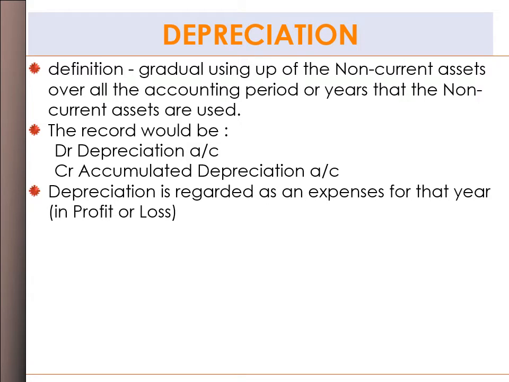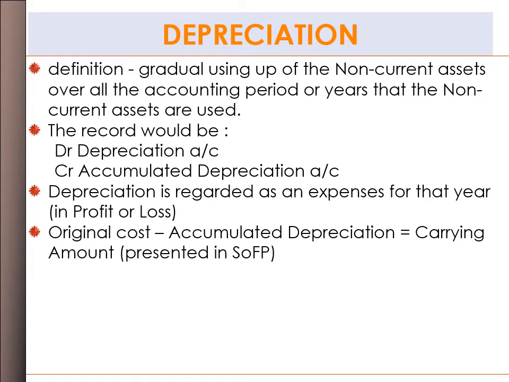And the depreciation will be regarded as an expense, so you need to record it to display in the statement of profit or loss, and the accumulated depreciation will be shown in the statement of financial position.